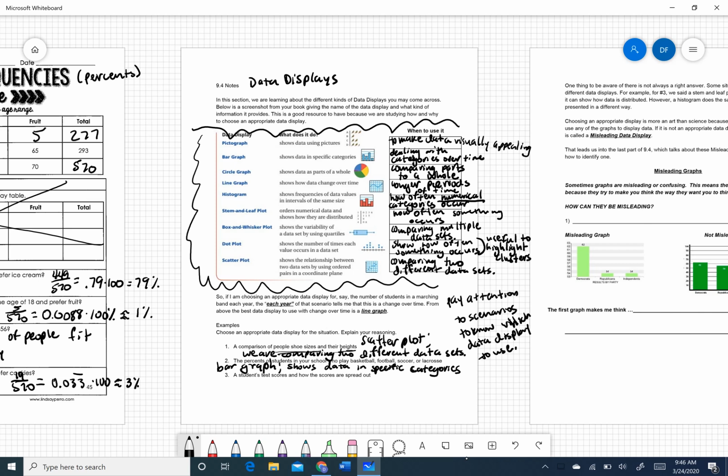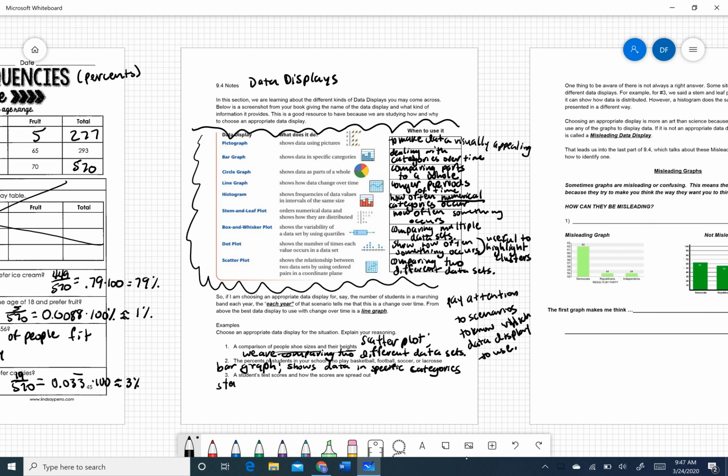So lastly, we have a student's test scores and how the scores are spread out. I can use a couple of things here. I can use a stem and leaf plot. With a stem and leaf plot, that shows how the data is distributed, right?